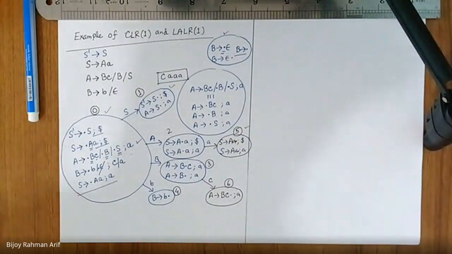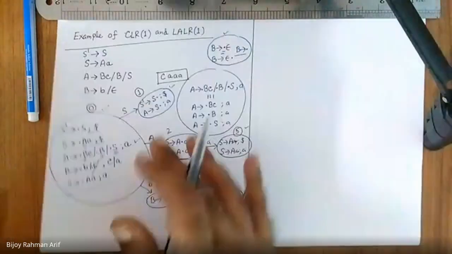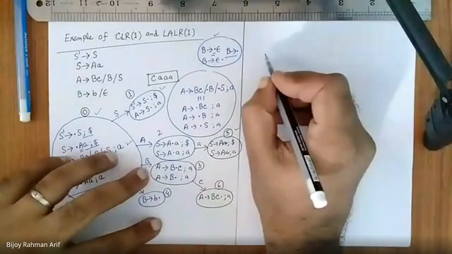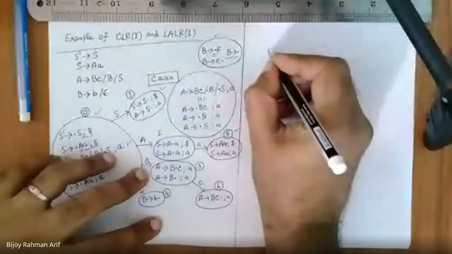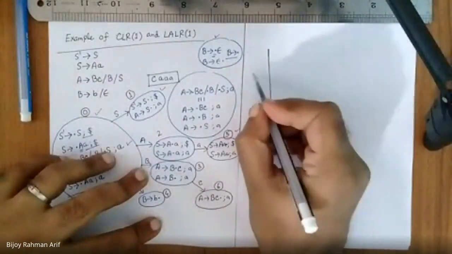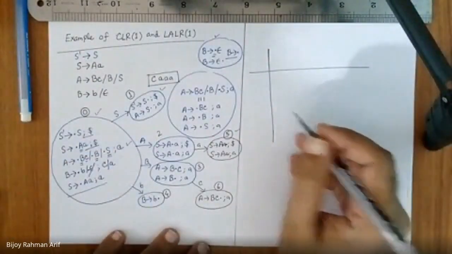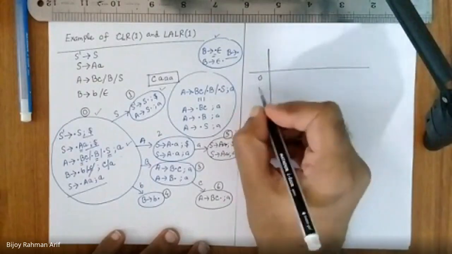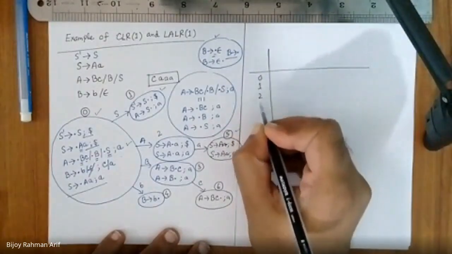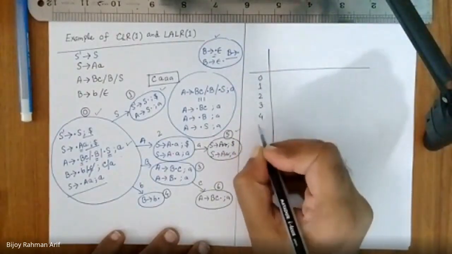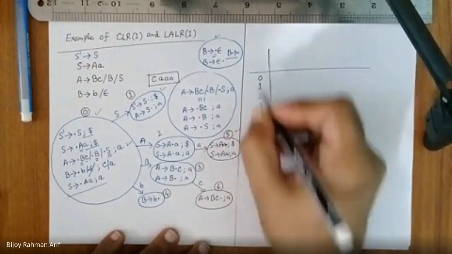Okay, now let's draw the table. How many states are there? 0 to 6. 0, 1, 2, 3, 4, 5, 6.